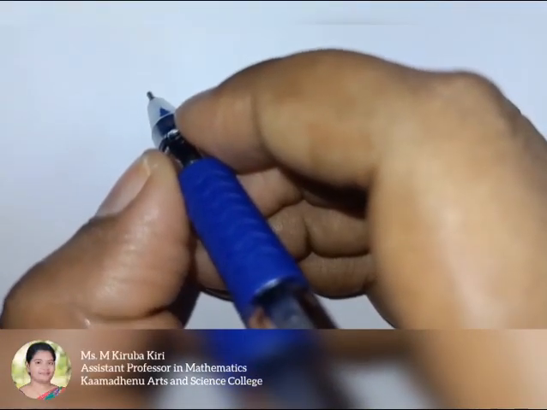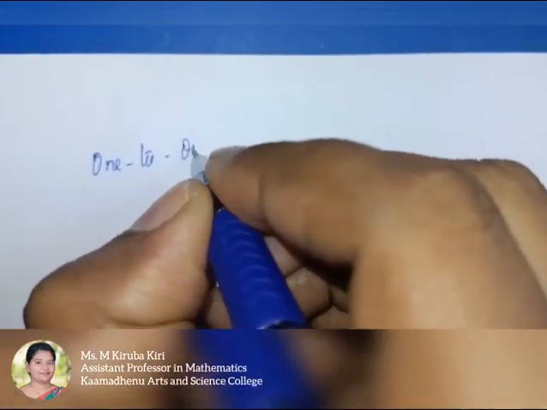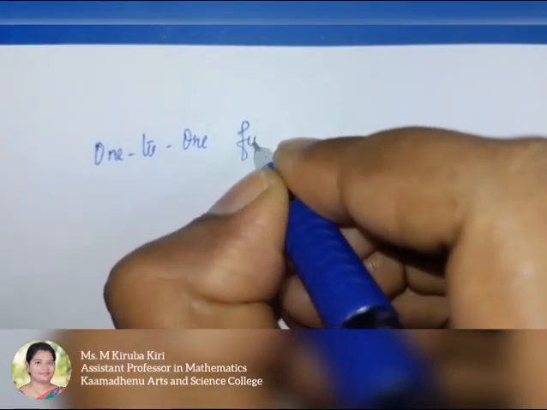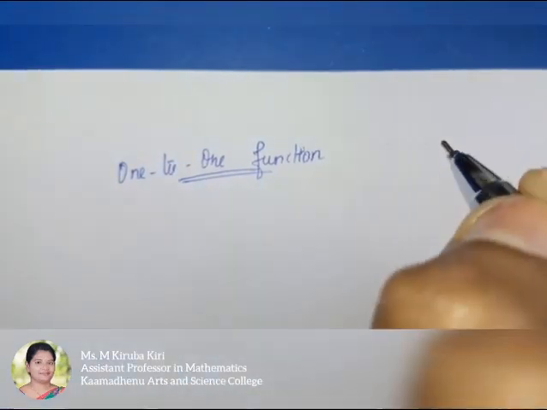Next, we will see what is a one-to-one function. This is the third type of function.